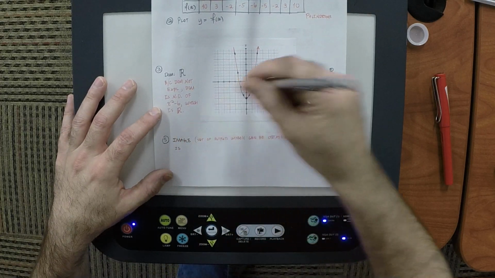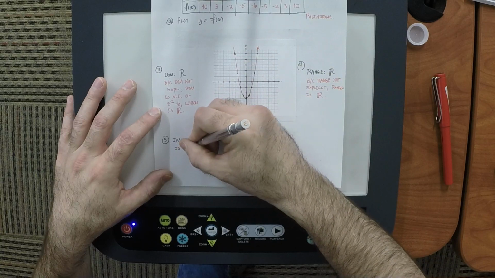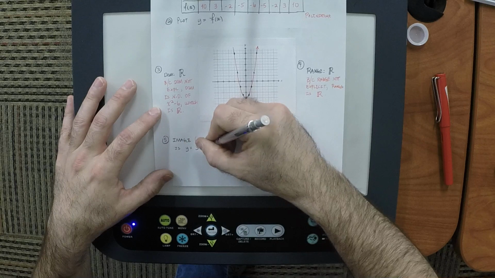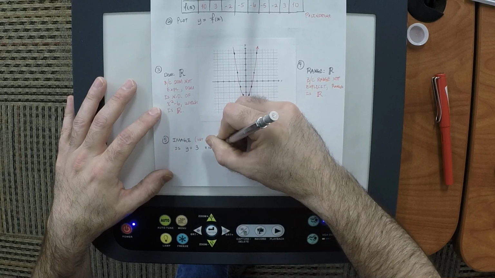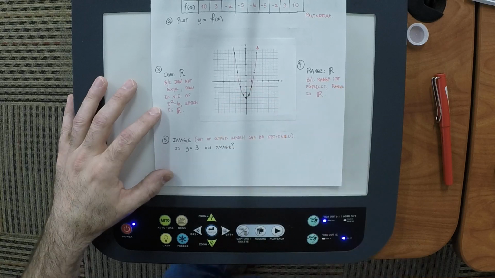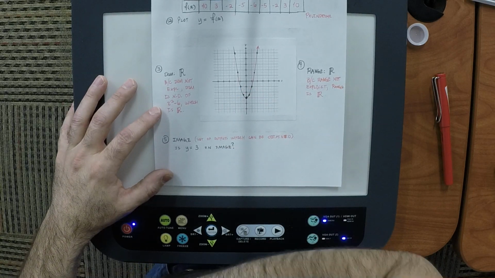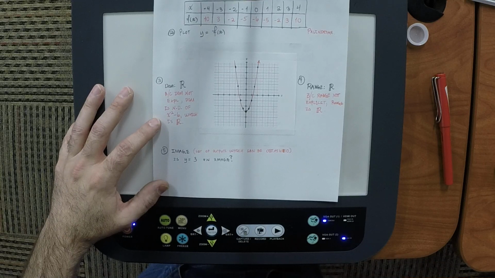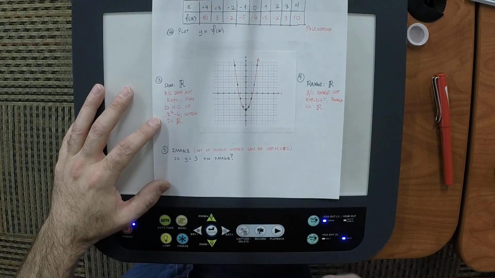Okay, so here's a question visually now. Is y equal to 3 in the image? Now this question can be answered in two ways from what's written on the page.